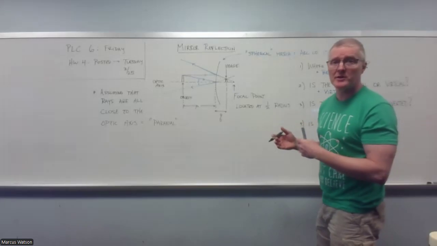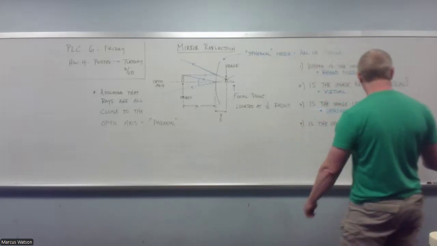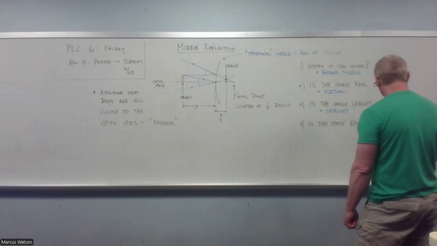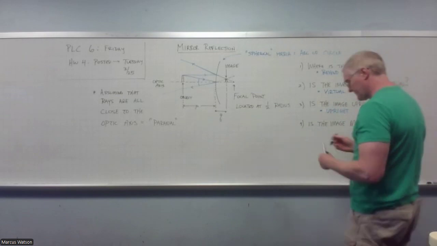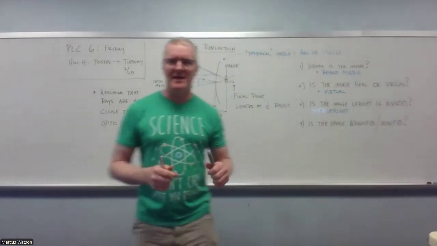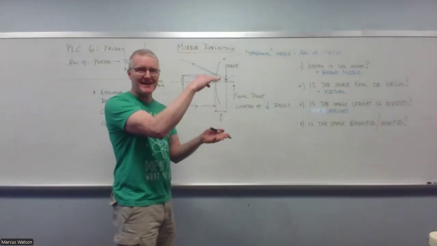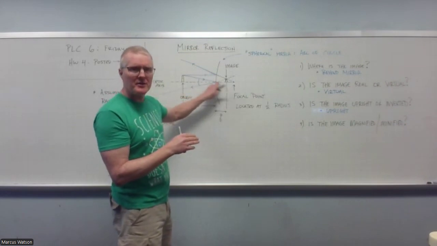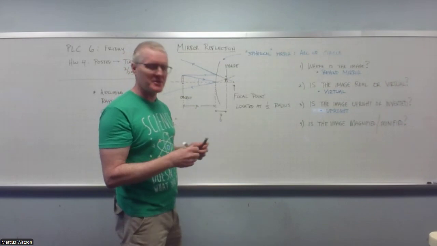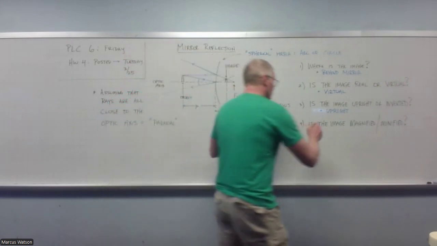And for that I use the word minified. Is the object greater in size, exactly the same size, or lower in size? And from our ray diagram here, I think you can see this is a lower in size image. Therefore, this is minified.